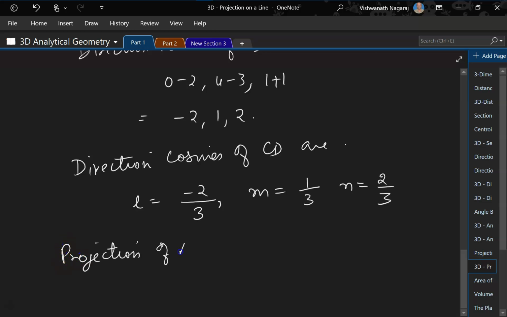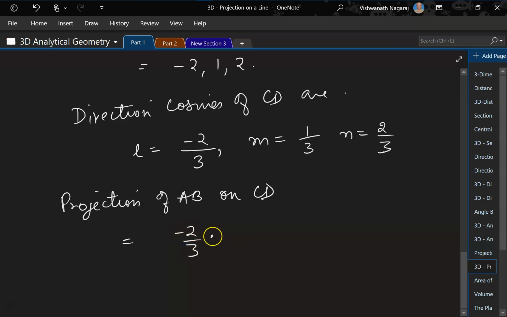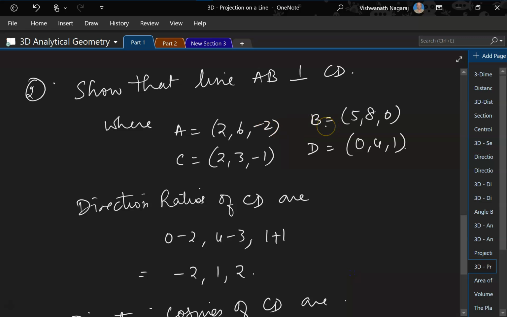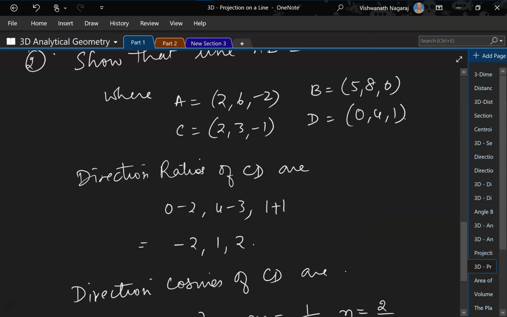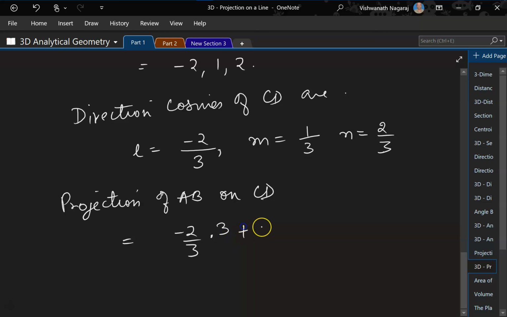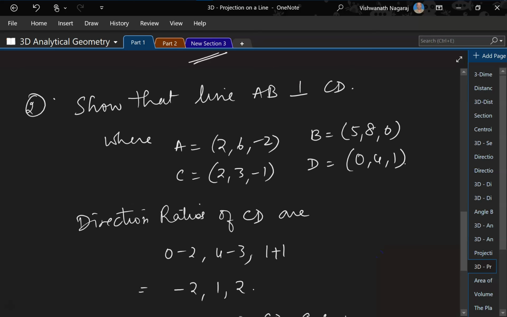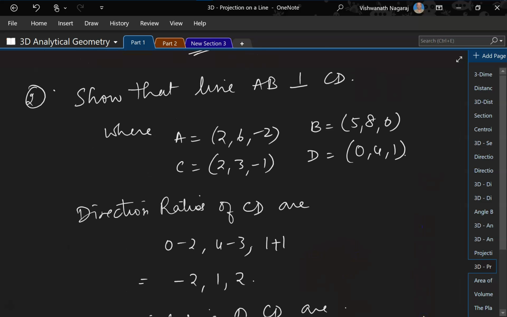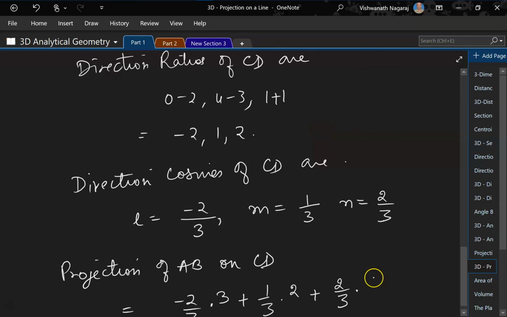So the projection of AB on CD would be equal to minus 2 by 3 times the direction ratio of AB, which we have not done yet. So let's mentally do it. 5 minus 2 is 3, plus 1 by 3 into 8 minus 6, 2, plus 2 by 3 times 0 minus minus 2, that is 2.